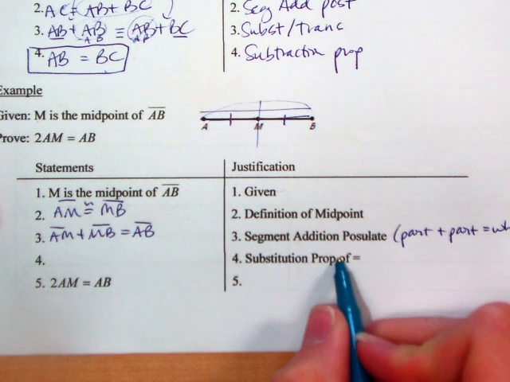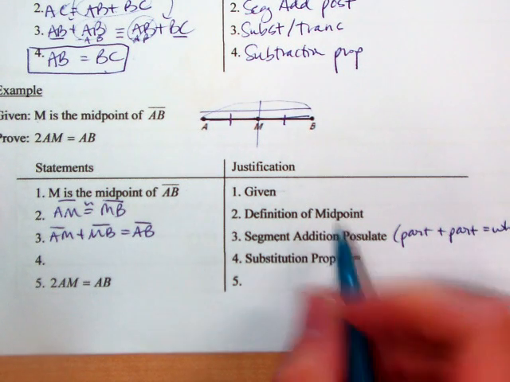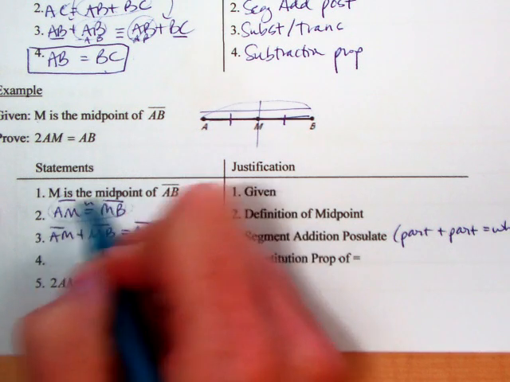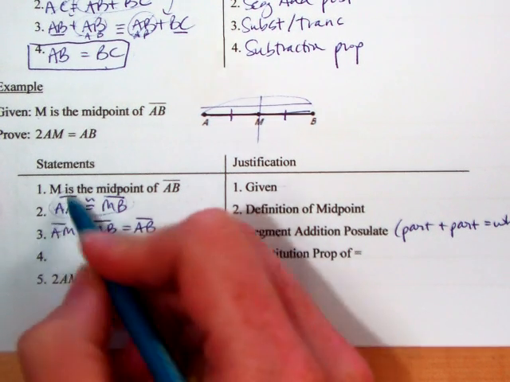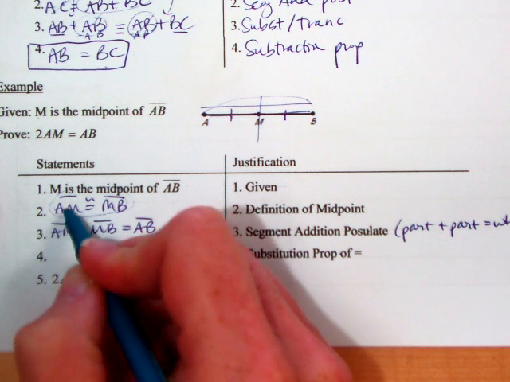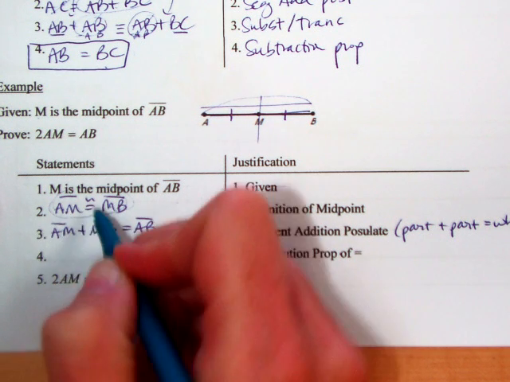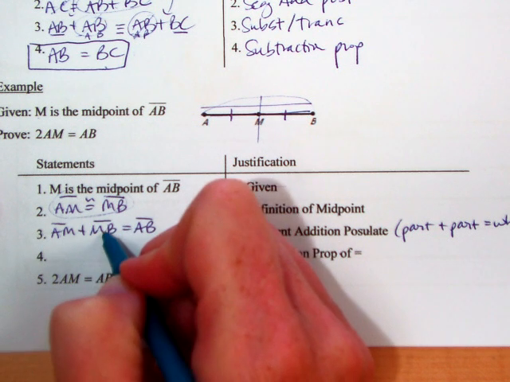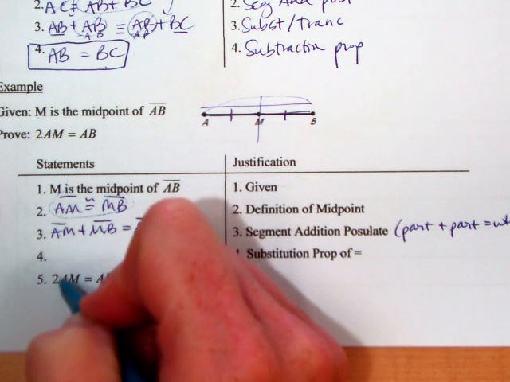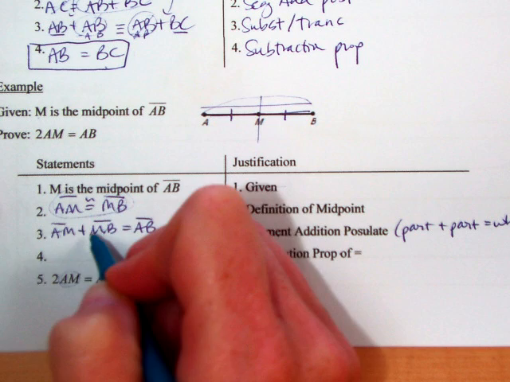Substitution. They want me to substitute somebody. Well, the only thing I have that are equal is that AM equals MB. So let's substitute and put it in there. So instead of AM, I'm going to substitute what it equals. Whoops, I want to go the other way. Sorry, I didn't look down here. I want to aim for two AMs. So I want to get rid of the MB.